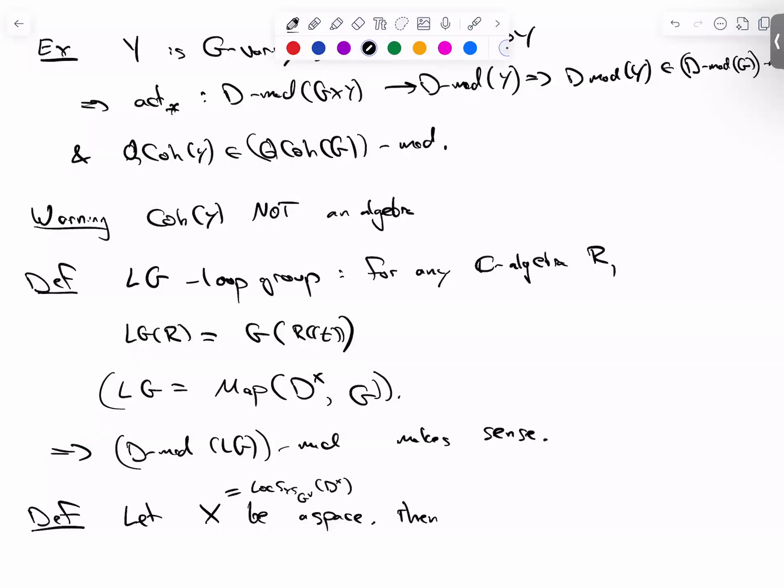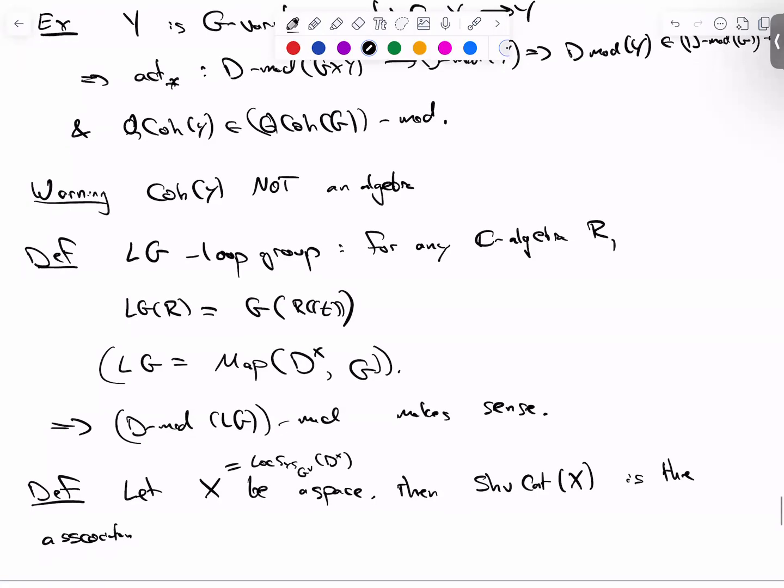Then sheaves of categories on X is the association, so again, we define what it does to each test affine scheme.